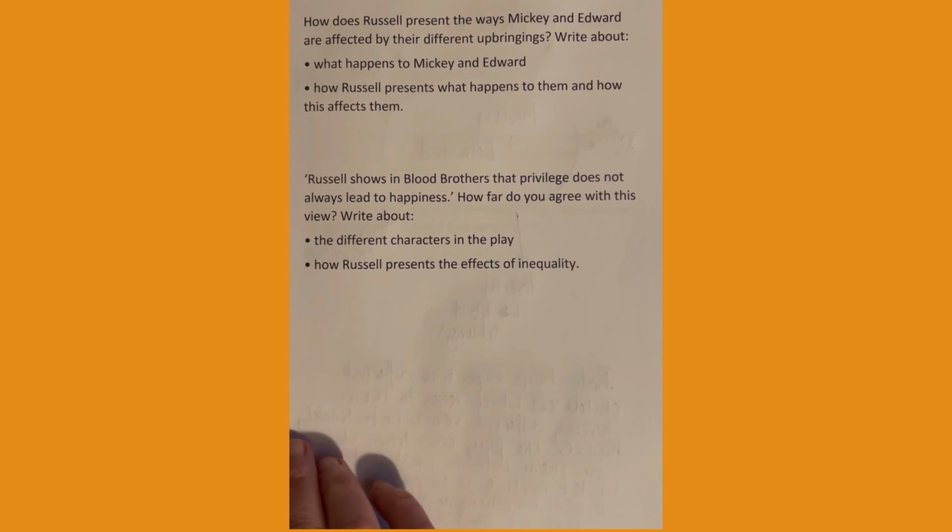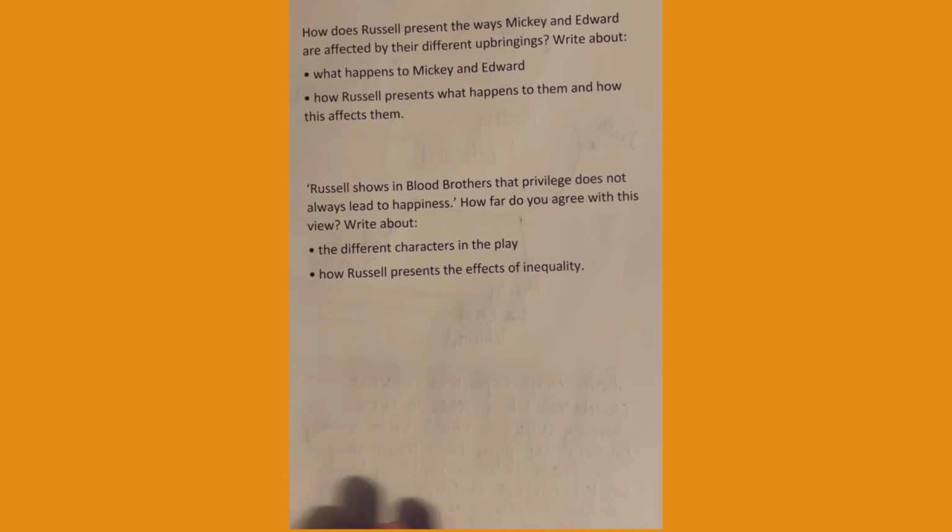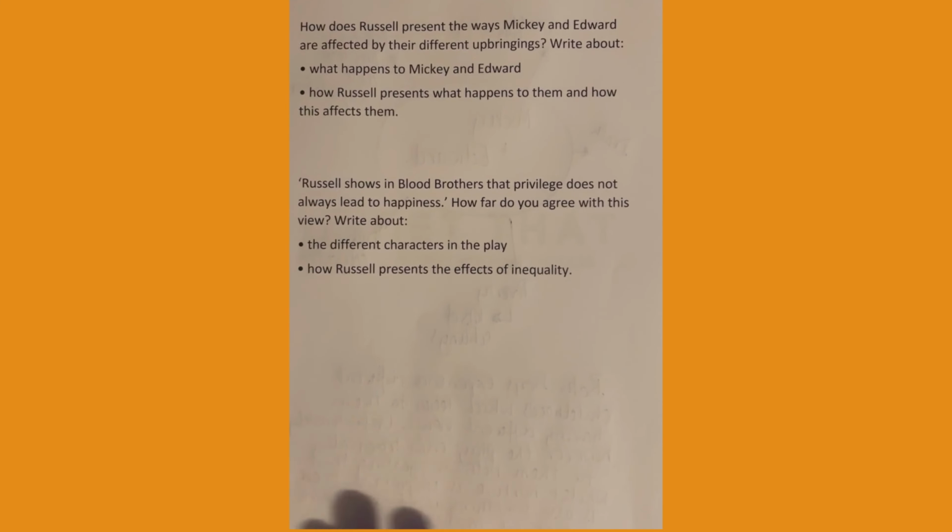If we now do the same thing for the other question, Russell shows in Blood Brothers that privilege does not always lead to happiness. How far do you agree with this view? We're then going to look at the different characters, and we then have to look not only at Mickey and Edward, but also at Mrs. Johnson and Mrs. Lyons.